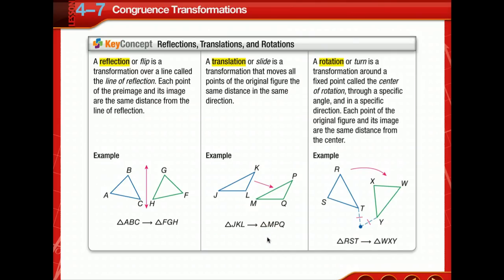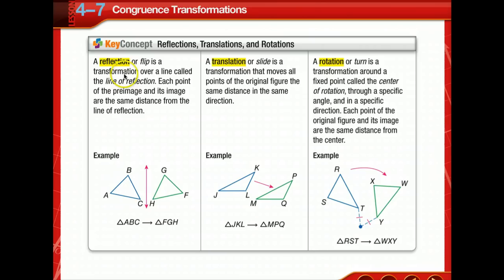The transformation statement, say triangle ABC is transformed to triangle XYZ, tells you that A is mapped to X, B is mapped to Y, and C is mapped to Z. So if we're looking at ABC and FGH, and we've got a reflection, we see that A is mapped to F, B is mapped to G, and C is mapped to H. Okay, so take just a few minutes to look at this.